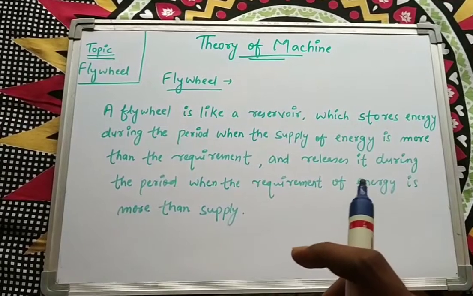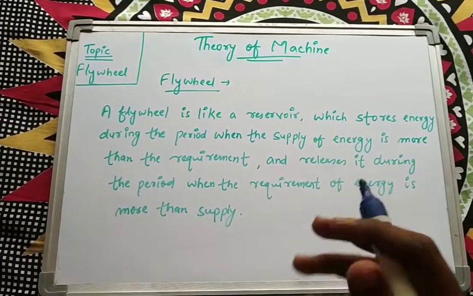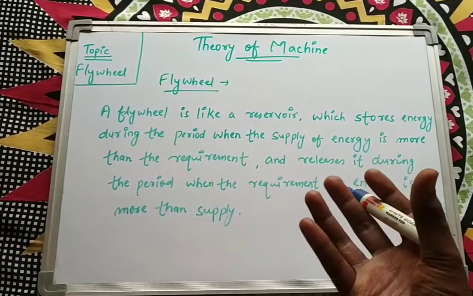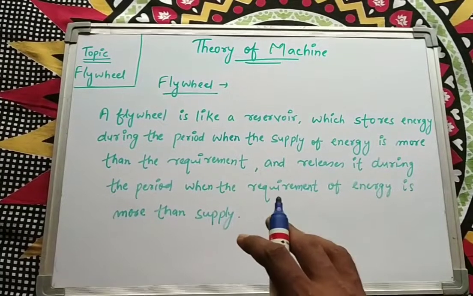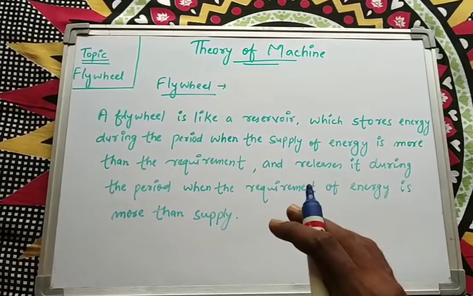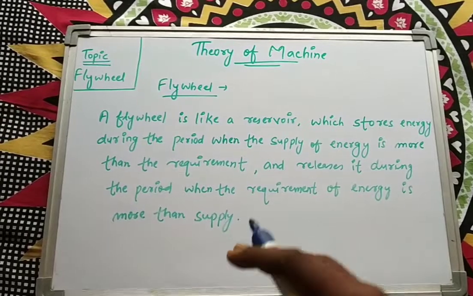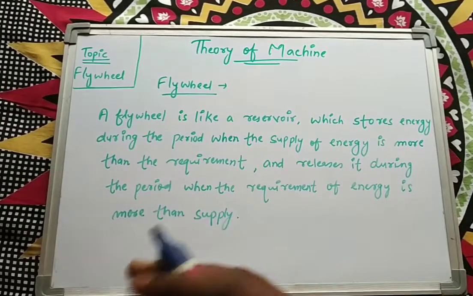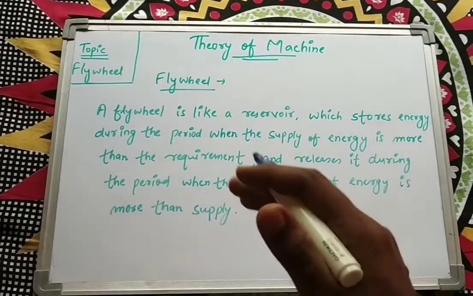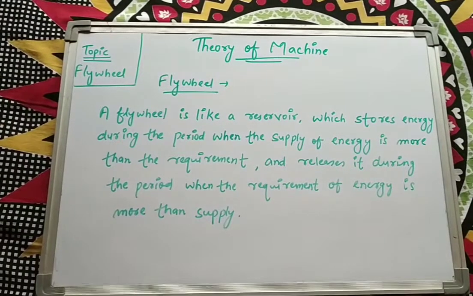So in basic terms we can say that a flywheel is like a storage tank in which, when the supply is less and the requirement is more, the flywheel supplies the extra amount of required energy to the system.